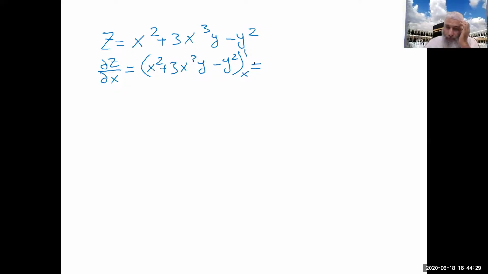What is the derivative of x squared? 2x. And the derivative of 3x cubed y is 9x squared y, because y is like a constant now. What is the derivative of y squared with respect to x? Just 1? No, 0. Okay, so this is the answer.